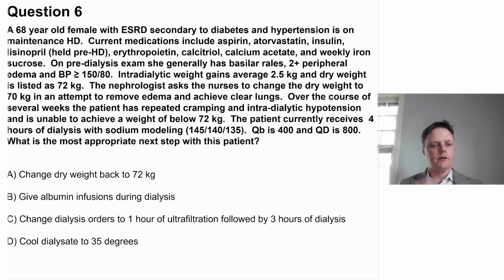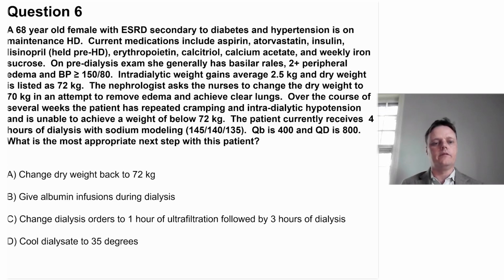On her pre-dialysis exam, she generally has basilar rales, 2 plus peripheral edema, and a blood pressure greater than 150/80. Her intradialytic weight gains averaged 2.5 kilos, and her dry weight is listed as 72. Noting that she looks volume overloaded and is hypertensive, the nephrologist asked nurses to change the dry weight to 70 kilos in an attempt to remove edema and achieve clear lungs.